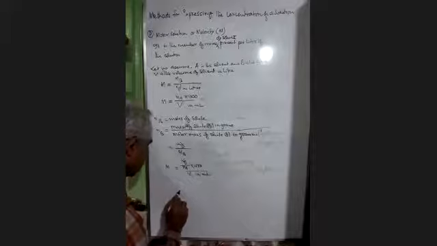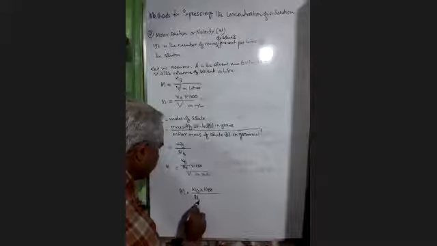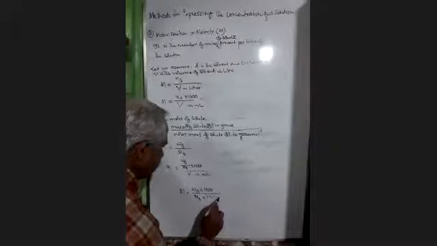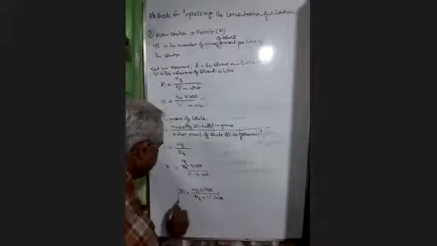This will come down. Therefore, M is equal to WB into 1000 divided by MB V in ml. If you follow this, even you can make a solution of 10 ml also.